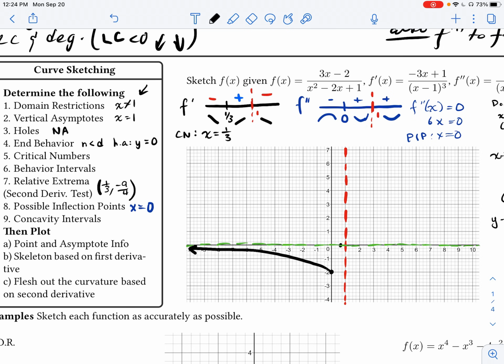I'm trying to sketch as best as I can a function that is concave down and decreasing up until 0. Now, at x equals 0, we know that (0, -2) is also an inflection point. We know that it changes concavity there. So it's still going to be decreasing up until positive 1/3, but it's going to start changing concave up.